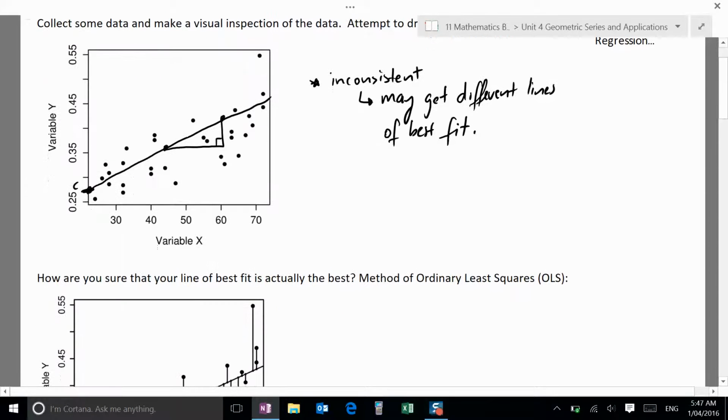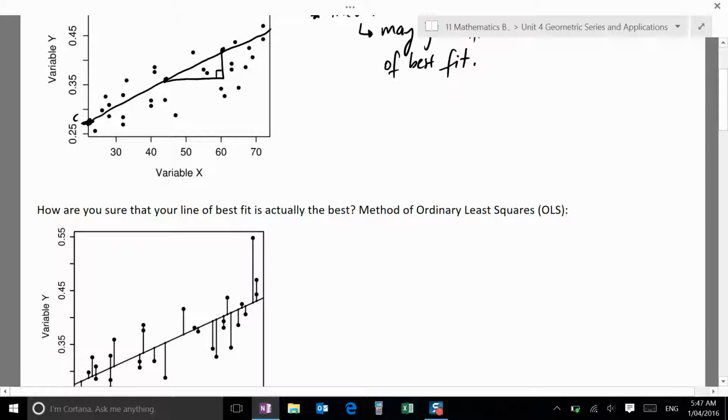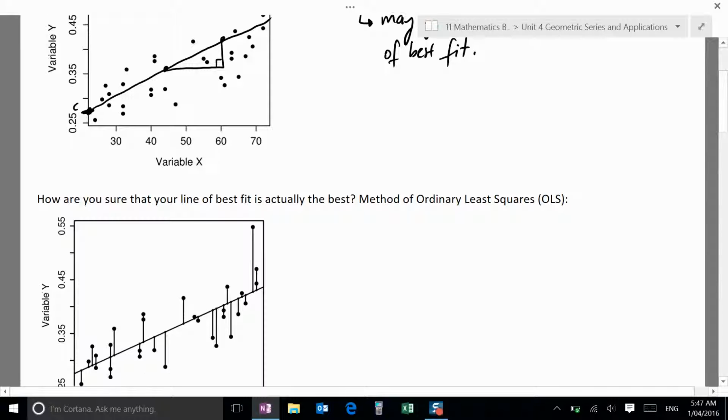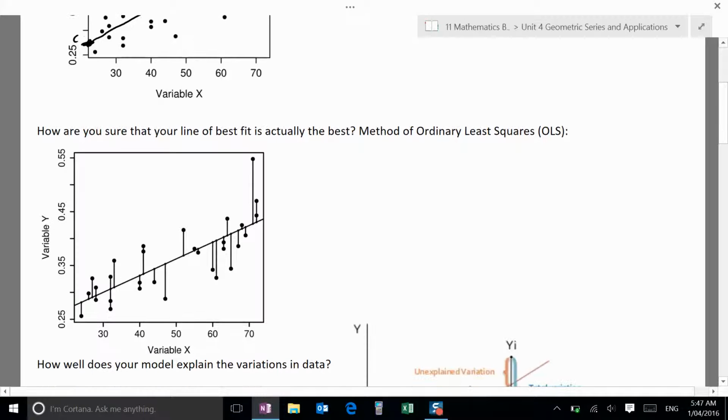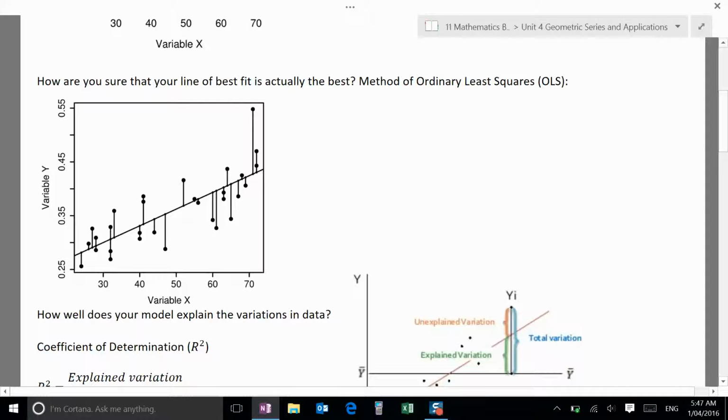The way that we get around this, to make sure we actually get the line of best fit, is to use this thing called the method of ordinary least squares. What your computer, Excel or your calculator will do is try every single line available, and it's going to minimize these distances from the data points to the line.